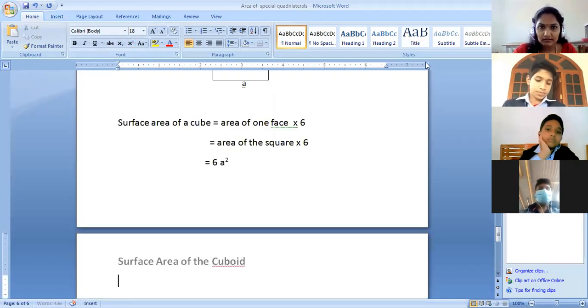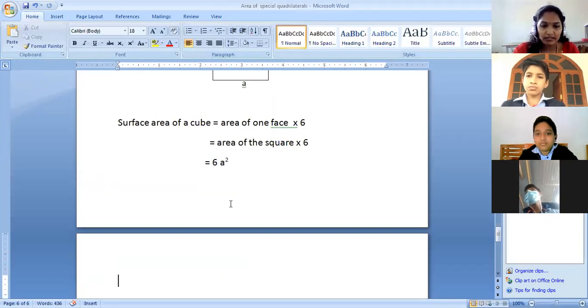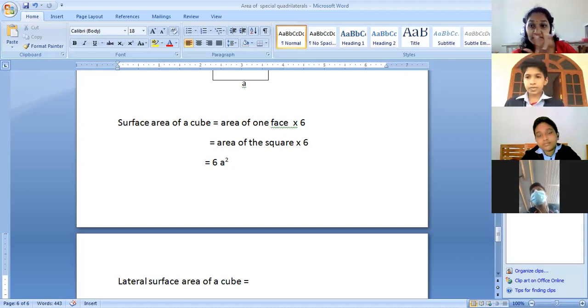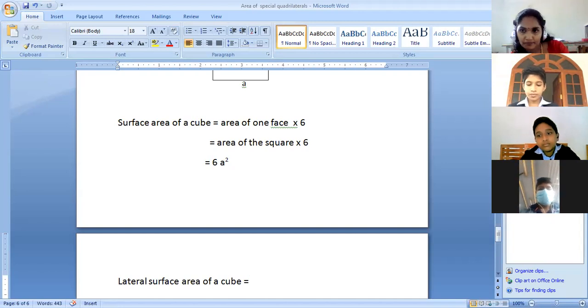Then lateral surface area of a cube. When we consider the lateral surface area, how many faces are we considering? 4, yeah.